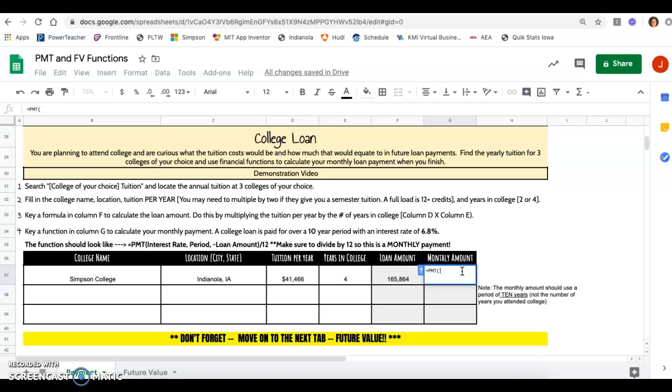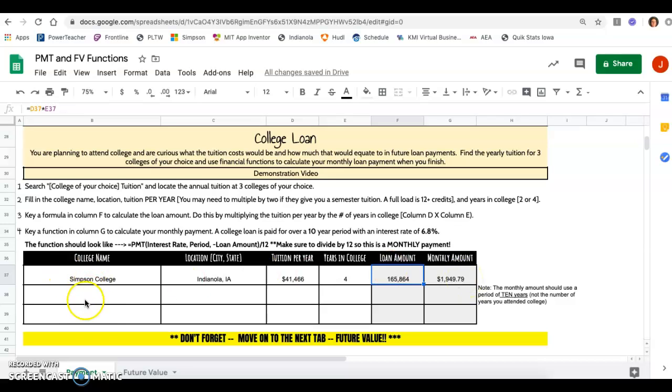So PMT is 0.068, comma, the period, that's 10 years, comma, negative sign, and then I'm going to reference my loan amount, and then right parentheses, and divide by 12 to get me my monthly payment, and hit enter. So that would be my monthly college loan payment if I had to pay this entire amount back to Simpson College. Not very likely, but that is how we will do this.